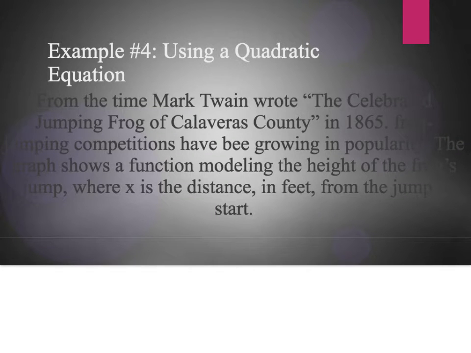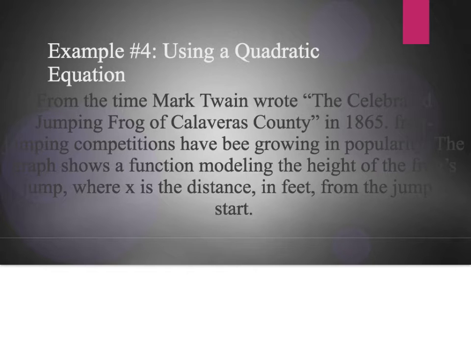In example 4, we have a pretty lengthy word problem, so let's try and figure it out. It says, from the time Mark Twain wrote the celebrated Jumping Frog of Calaveras County in 1865, frog jumping competitions have been growing in popularity.